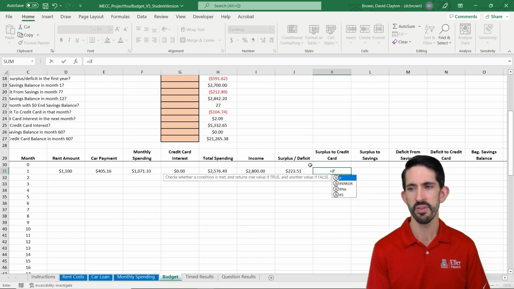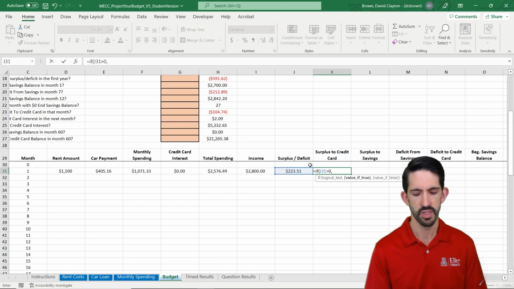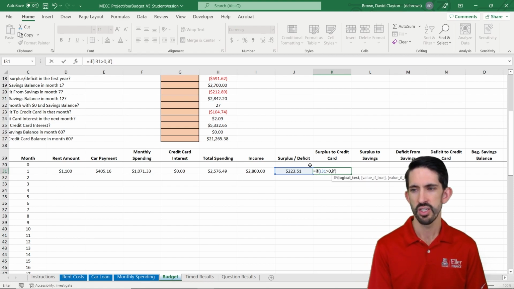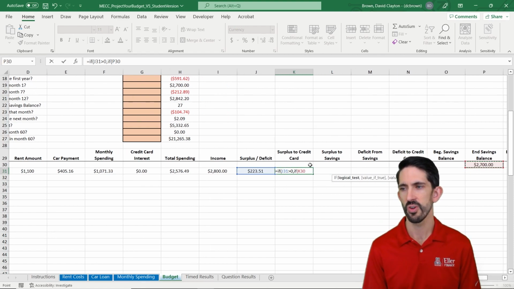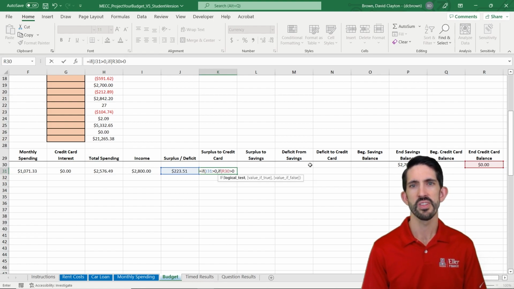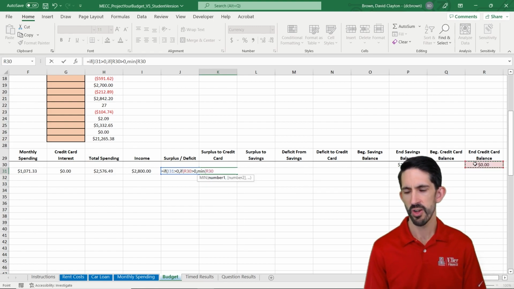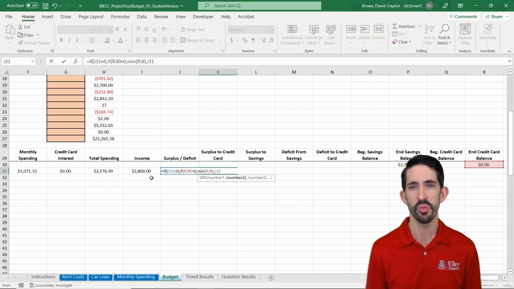So I'm going to use a couple if functions to say if I have a surplus. So if that value is greater than 0, then I want to check, do I have a credit card balance? So let's go over to my credit card balance from the previous month. If that's greater than 0, well, then what I want to pay is the minimum of however much I owe on my credit card or however much I have in my surplus.